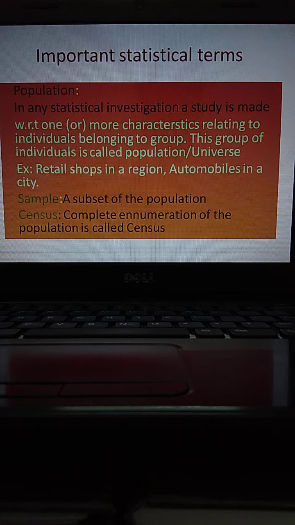Then what do you mean by a sample? A sample is nothing but a subset of the population. From the entire population, if you consider a small part and test on that sample to understand the population, that is the sampling method. Census, the complete enumeration of the population, is called census.